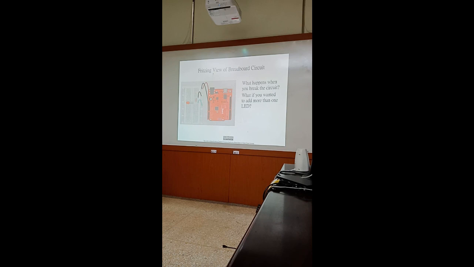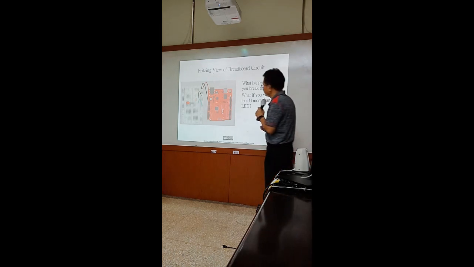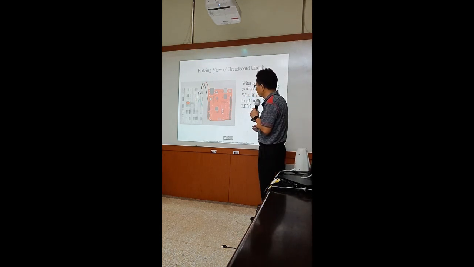Okay, then the first. So we can find this is the basic circuit. The gray line may be the power line from Arduino. And then in this side, there is a connection to an LED, and then here there is a connection with a resistor.